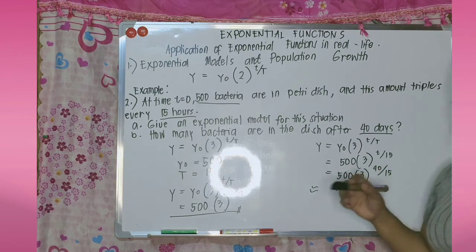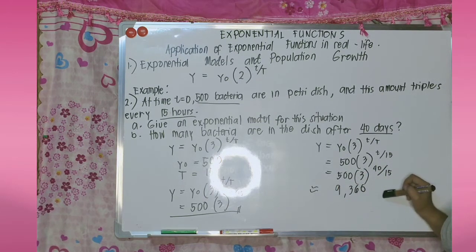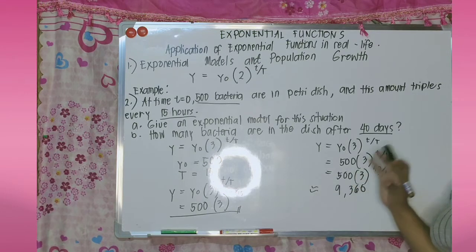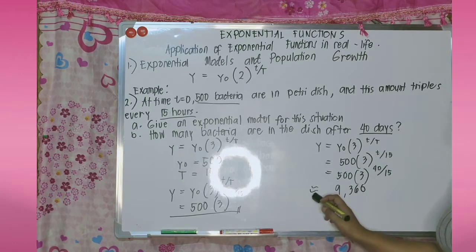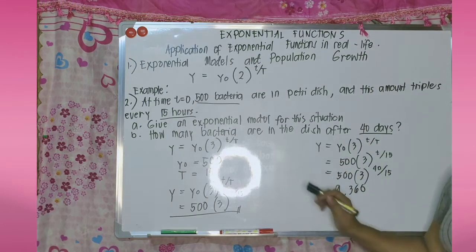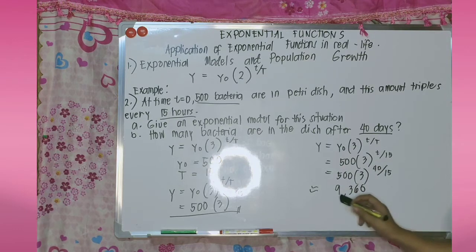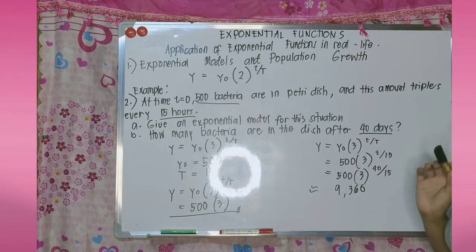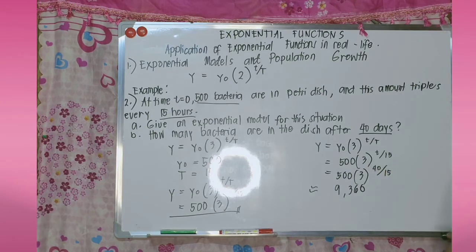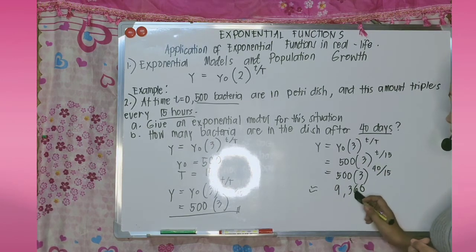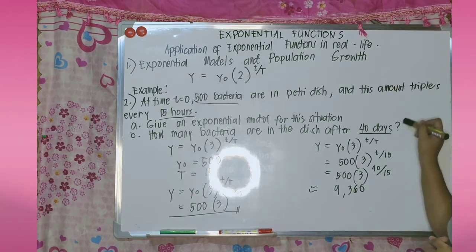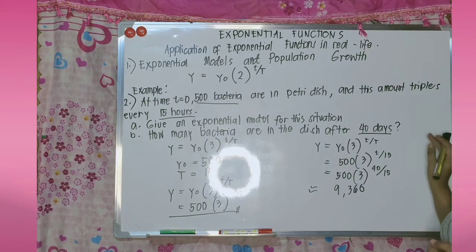So, bakit nakalagay na approximately? Kasi marami po to. So, kukunin lang natin doon yung pinakamalapit. So, kaya gagamit tayo ng approximately na symbol. Hindi po siya equal kasi hindi talaga siya totally, okay? So, therefore, there will be 9,360 bacteria after 40 days.